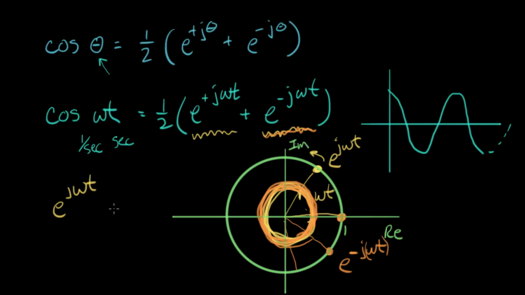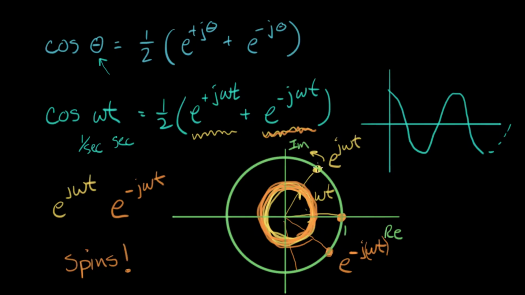So in summary, if you see either of these shapes, e to the plus j omega t or e to the minus j omega t, what pops into your head is a number that spins. So for me, the simple idea is I have a number here and I have a number here.